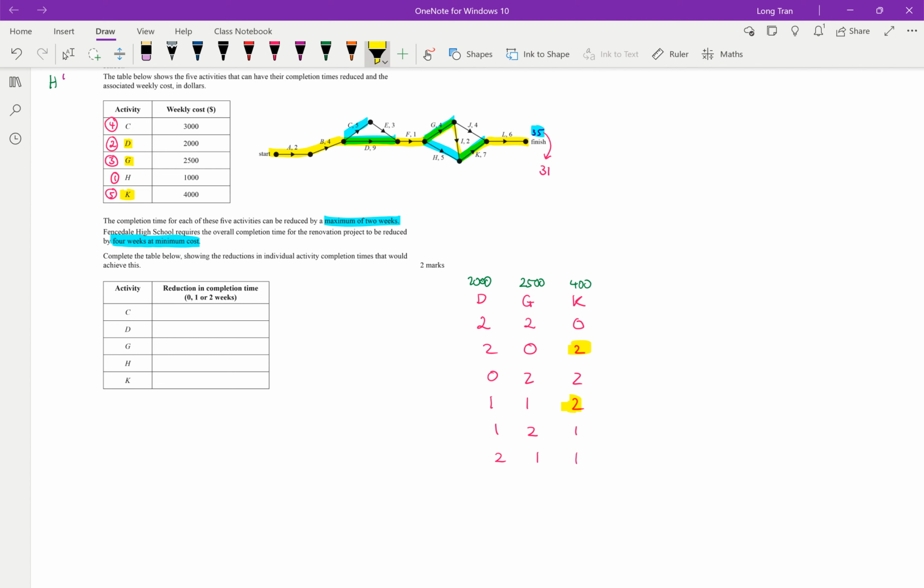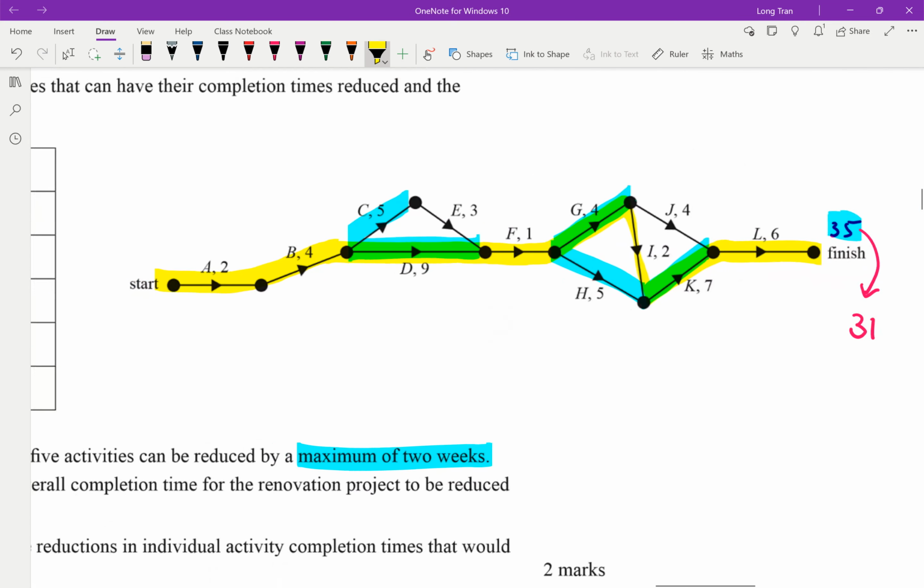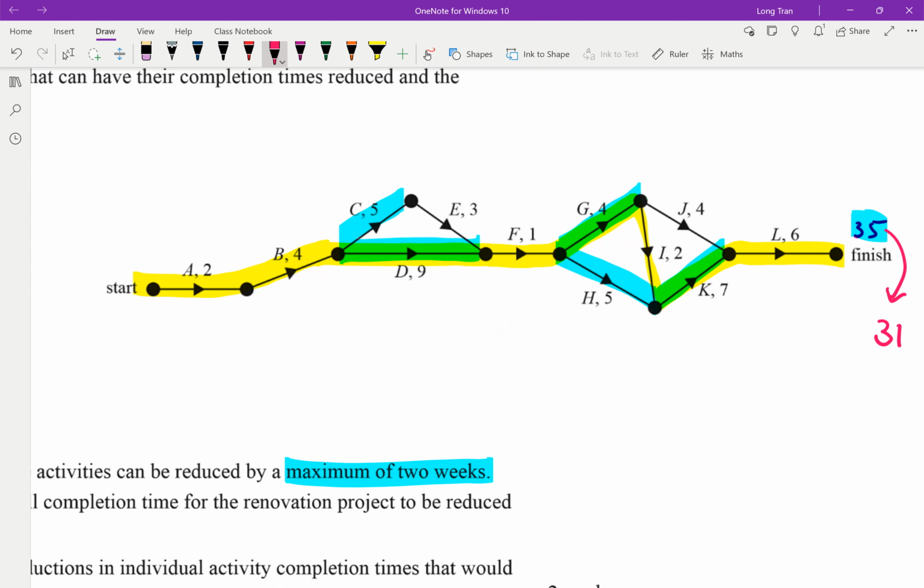But the caveat here is that G, D, and actually maybe not K. K doesn't have anything else that I need to worry about. And what I mean by that is when we look at the network before, when we were doing it, what we realized is that when we subtract this by 2, right? A here takes 2. 2 plus 4 gives me 6, right?